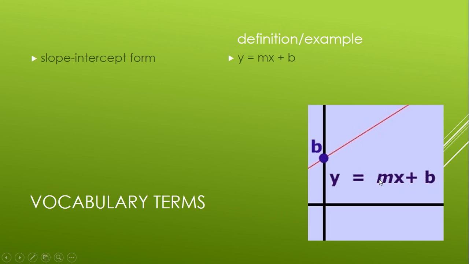So this number might be 0.9 or 0.8 or something like that, because this slope isn't really that steep. If m is over 1, maybe it's 2, that's going to be a really steep slope. Okay, and so again, b is the y-intercept. So b in this case would equal 2. And that's where x equals 0.